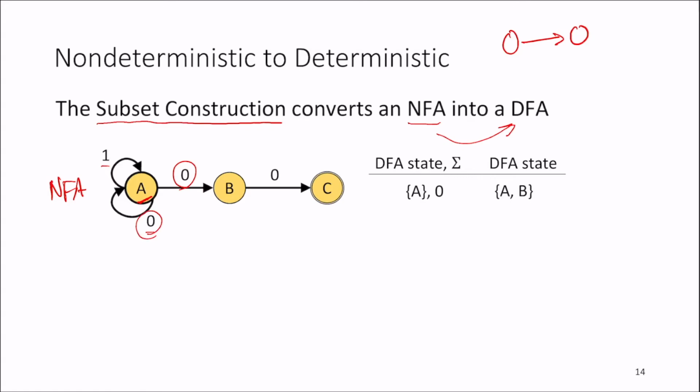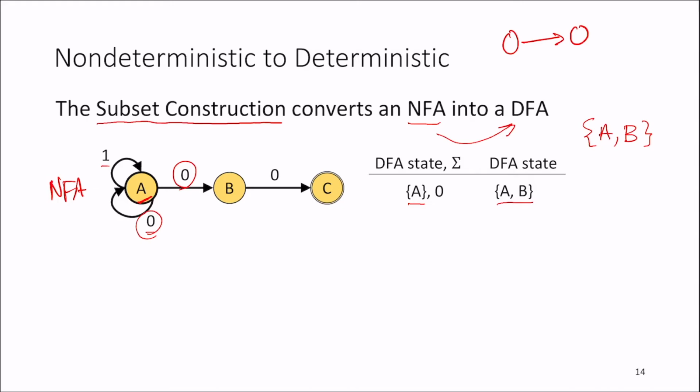So this notation that we're using is a set notation, and it says what subset of the original set of states in this NFA you can end up in on a particular input symbol. If I'm starting from the start state, this set just contains the start state and nothing else.